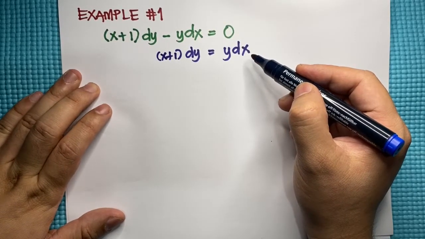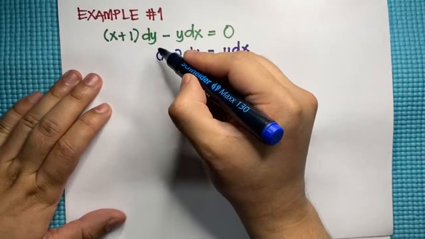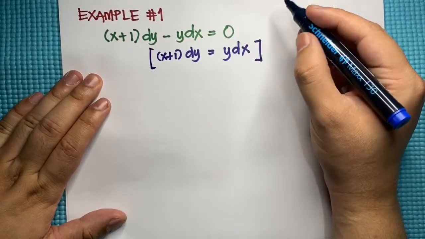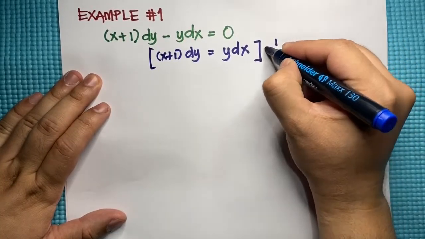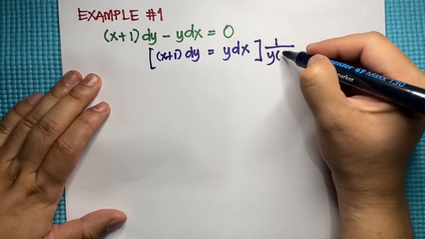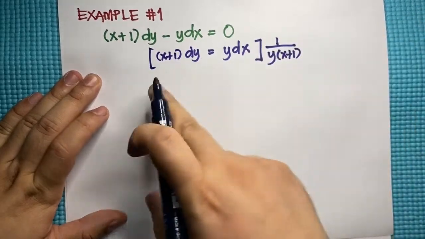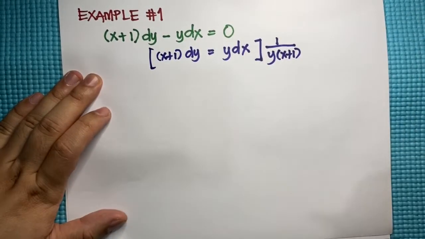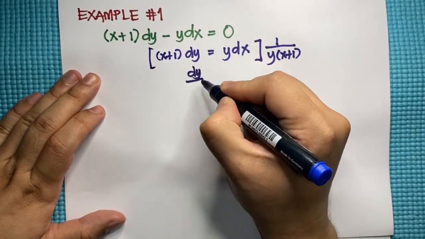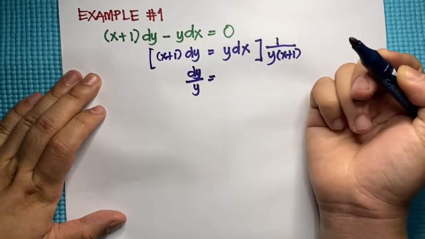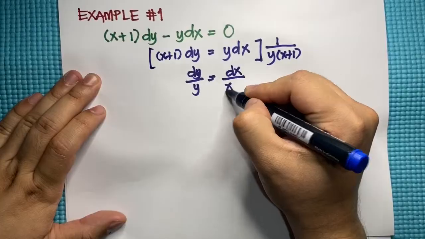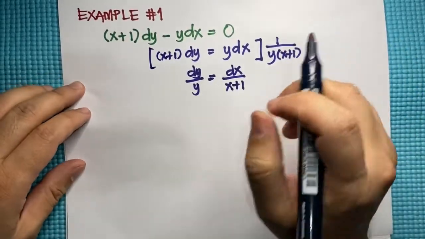To separate the two further, we divide both sides by y, to separate y from dx, and by x + 1, to separate x + 1 from dy. This yields the equation dy over y equals dx over x + 1.